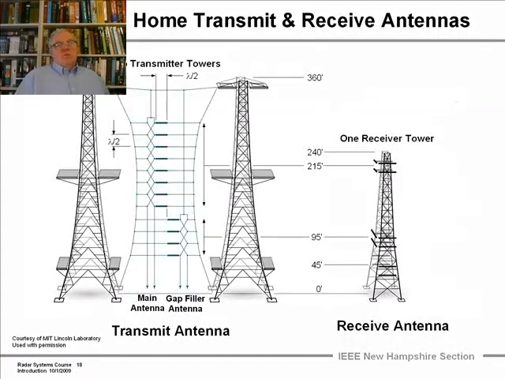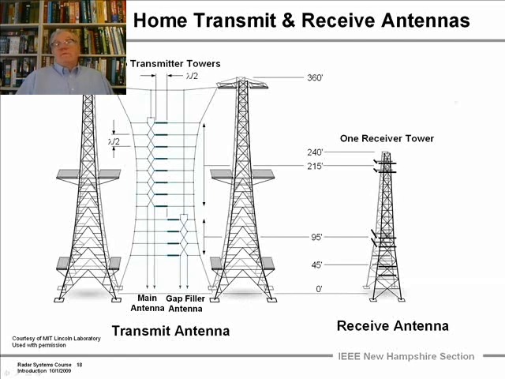Now here's what I call a technical picture of the radar. You see these dark elements were half a wavelength long. To get more gain, directivity in the vertical direction, there was a row of them, 8 of them, a half wavelength apart, and then a gap filler antenna to make a beam at a lower angle. The tower was steel and 360 feet tall.